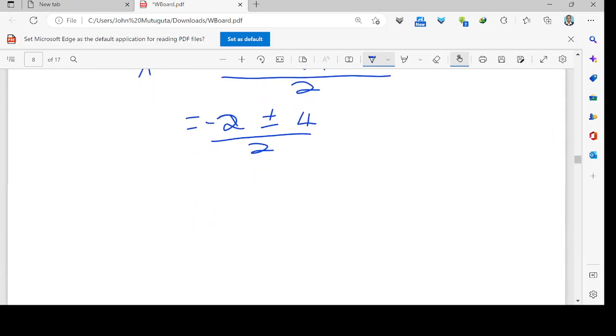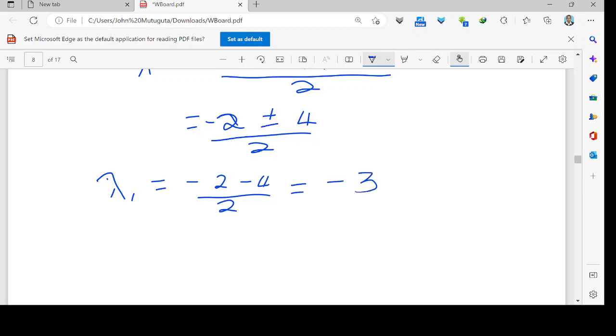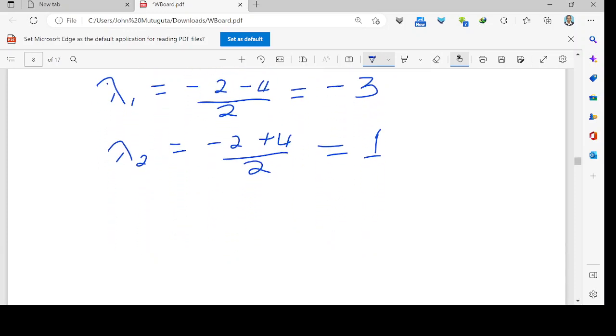So we can get lambda 1 is equals to minus 2 minus 4 divided by 2, and this is minus 3, and lambda 2 is equals to minus 2 plus 4 divided by 2, which is 1. So lambda 1 is equals to minus 3, and lambda 2 is equals to 1. The roots are real and distinct.